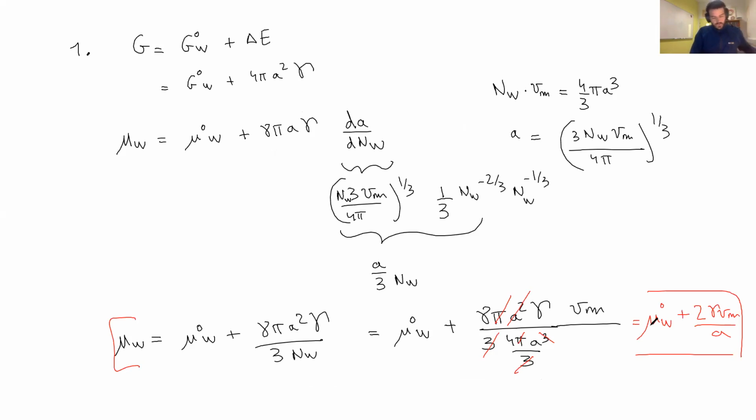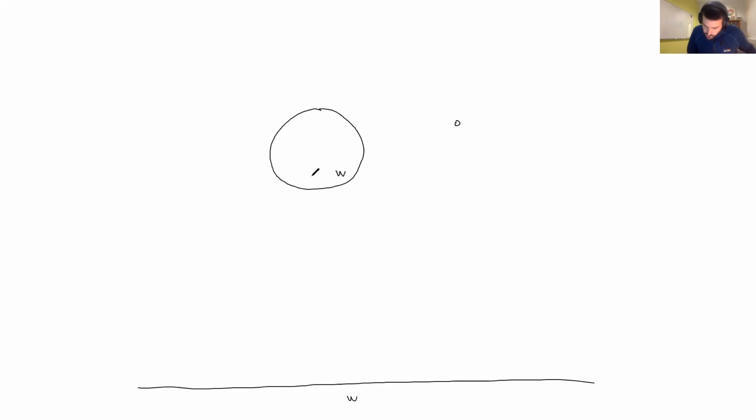Okay, that's the first side. So we now have the chemical potential of water here, just on this side of the boundary. And we would like now to have the chemical potential of water on the other side, in a sense.